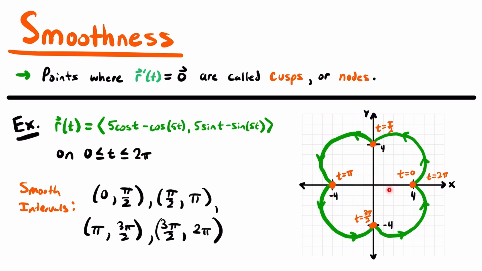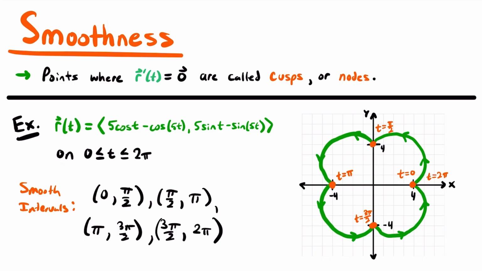Because as you can see with this specific curve, the points where the curve is not smooth couldn't have a tangent vector. It doesn't make sense. How do you describe the direction at these sharp points? Well, we don't know. It's just like when you had a point where a function wasn't differentiable in Calculus 1. That typically happened where you had sharp corners or points on a function. The same idea applies here.